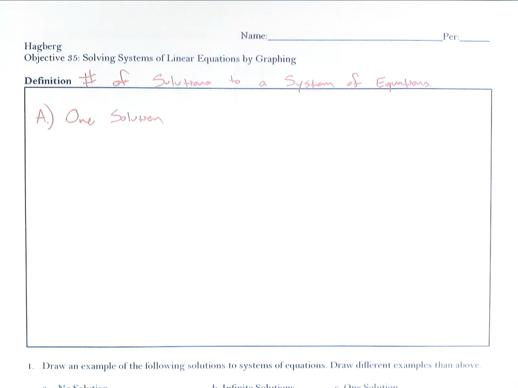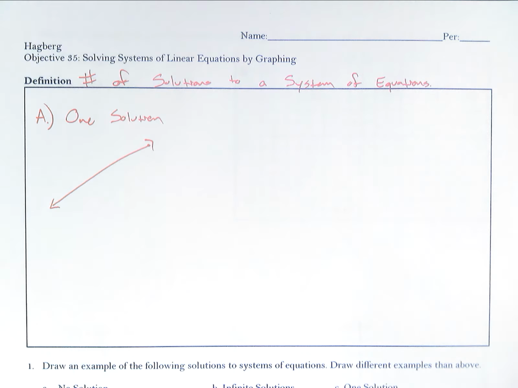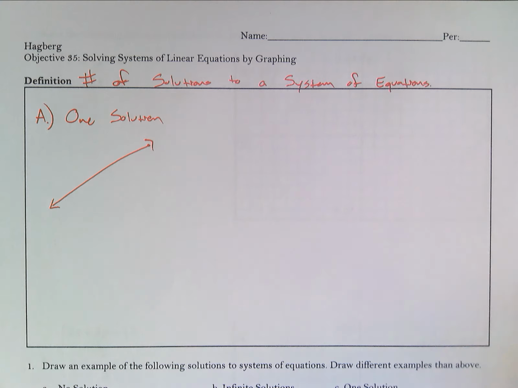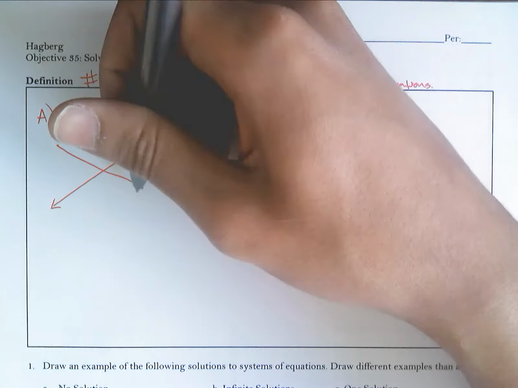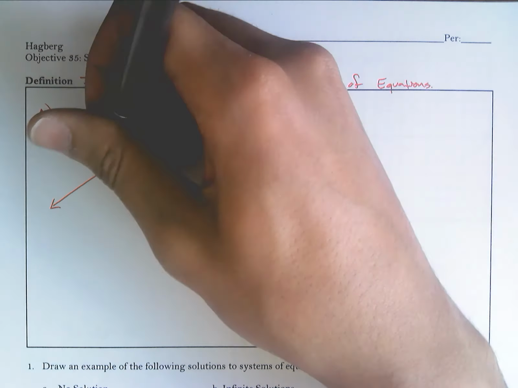So picture that I have a line. A linear equation, its graph is a line. And then I introduce another linear equation. And suppose that one looks like this. These two lines, these two linear equations have one solution, and that's where each of these graphs intersect.